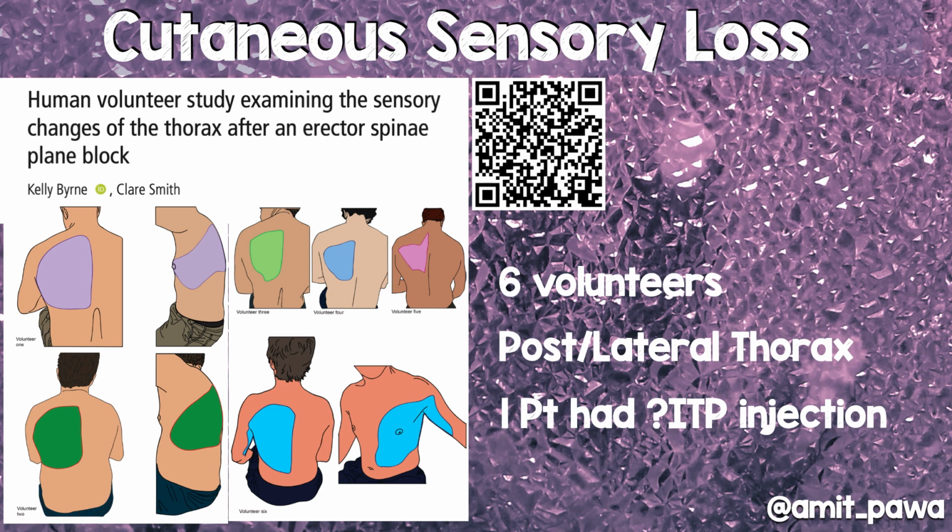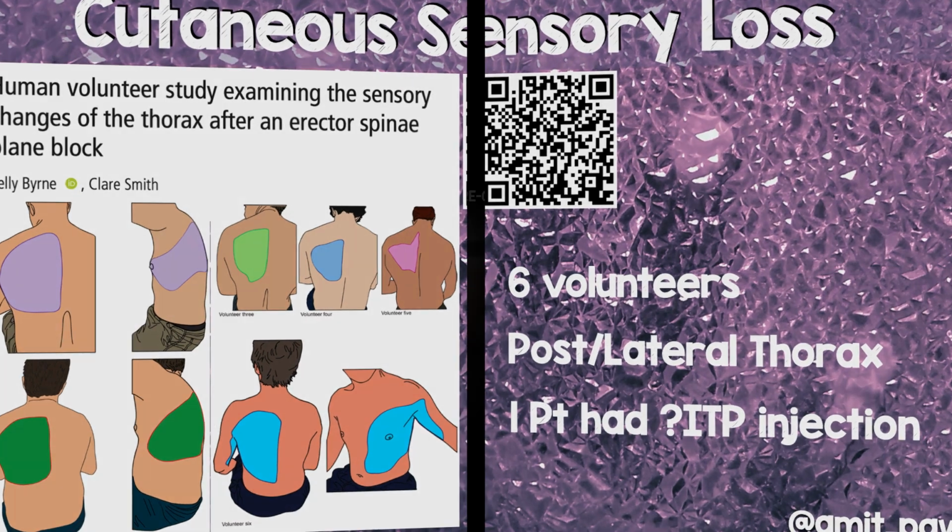They took 6 volunteers and they got posterior and lateral thorax, but one patient looked like they may have had an ITP injection because they got really quite extensive anterior chest coverage. So the question I would pose to you is, do you need to have cutaneous sensory loss if the patient's comfortable, if the patient's pain-free after doing the block? And I would suggest maybe you don't.